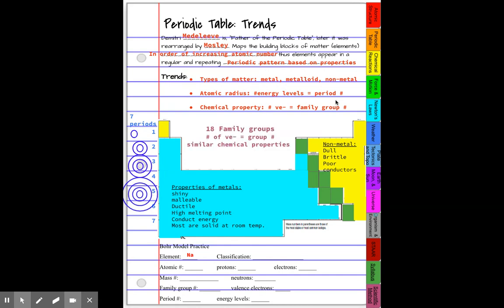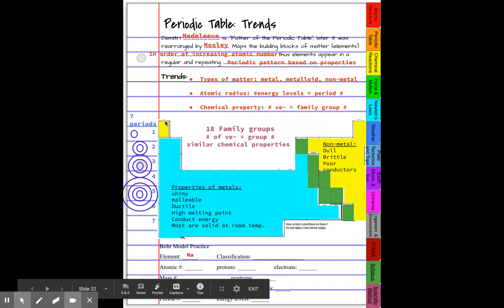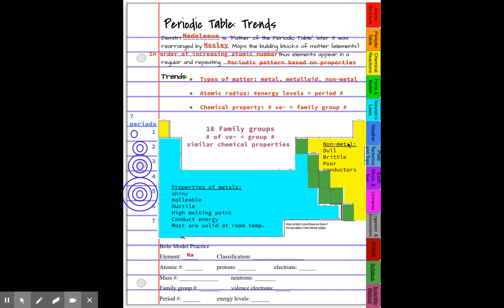All right, so there's 18 family groups based on the number of valence electrons. The valence electrons determine that group, and they have similar chemical properties. Like everything in group 1 has the same kind of chemical properties. Everything in group 18 has the same kind of chemical properties.